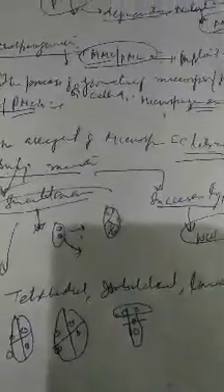So we get 5 types of tetrads, and the shape of the tetrad depends upon the cytokinesis.